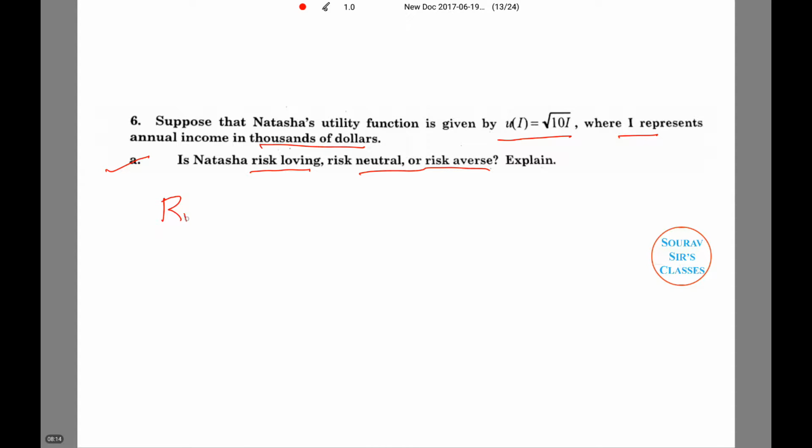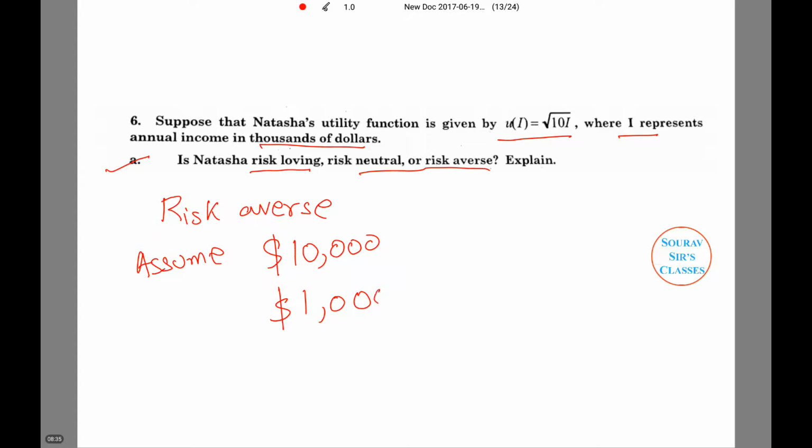Natasha is risk averse. The reason being, let's assume that she has $10,000 and she is offered a gamble of $1,000.